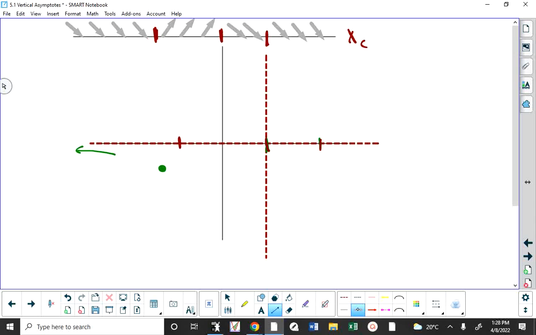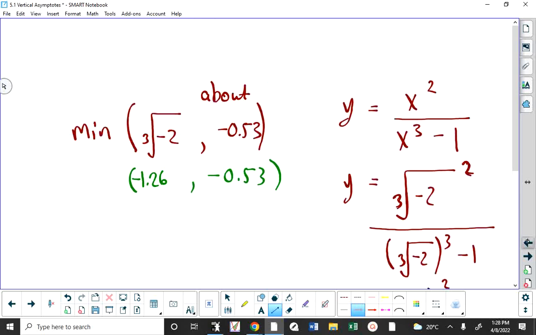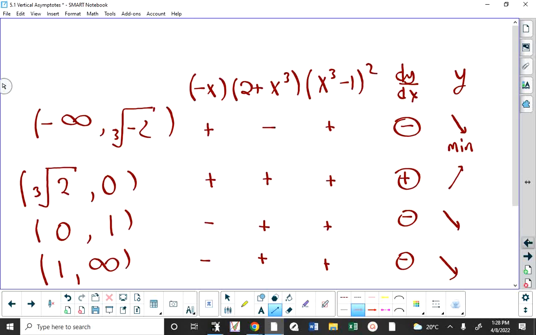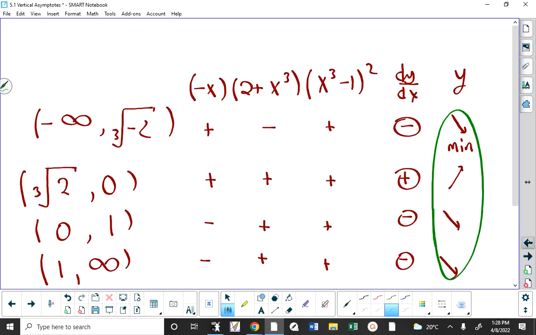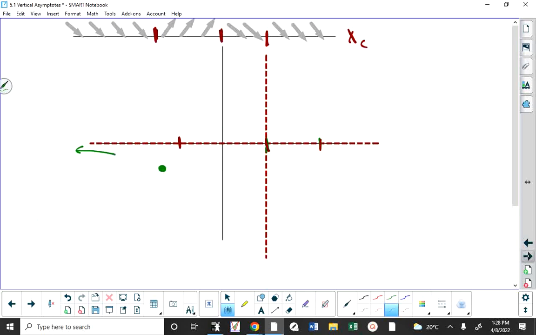What we're doing here is I'm taking this information and showing it to myself for x, because that's what that chart is showing. Those are x intervals. And that means when I draw left to right, I have to draw down, and this has to be a minimum, and then it goes back up.